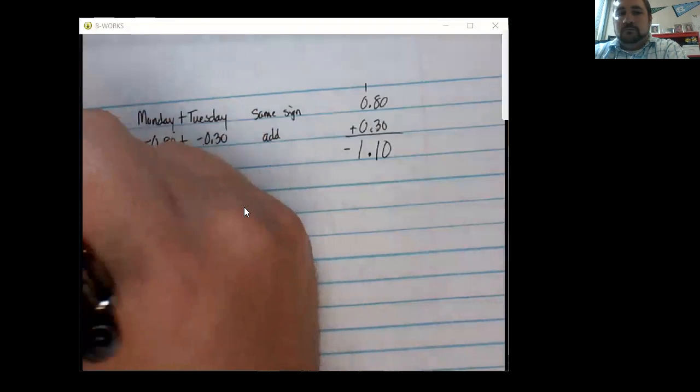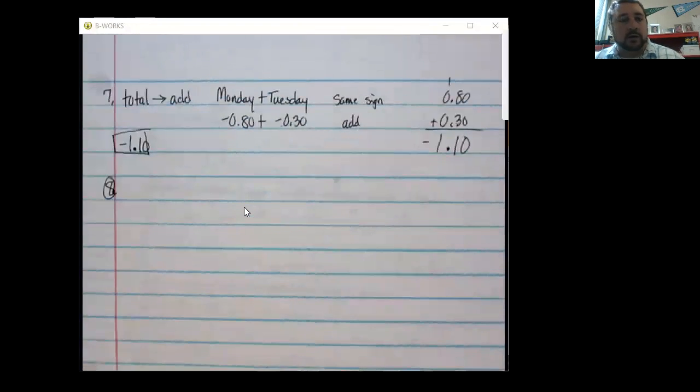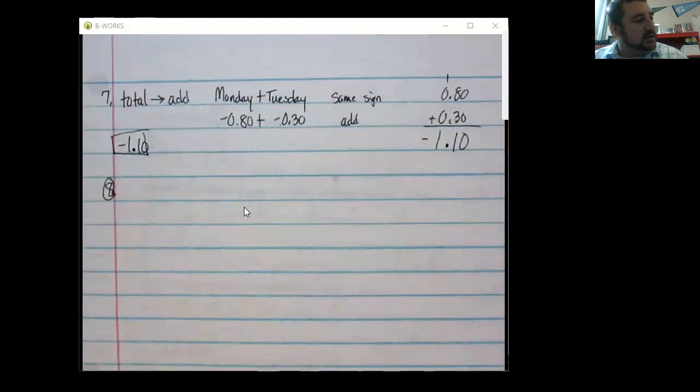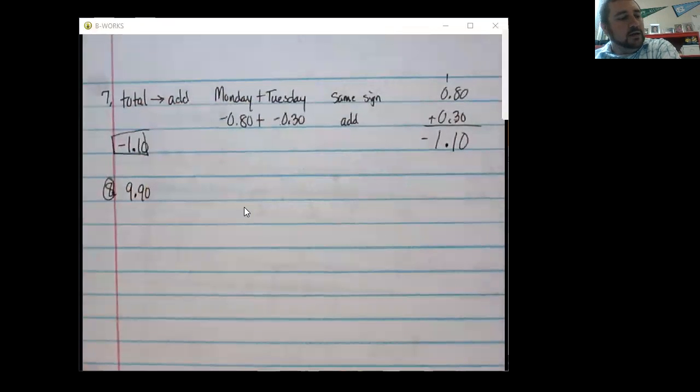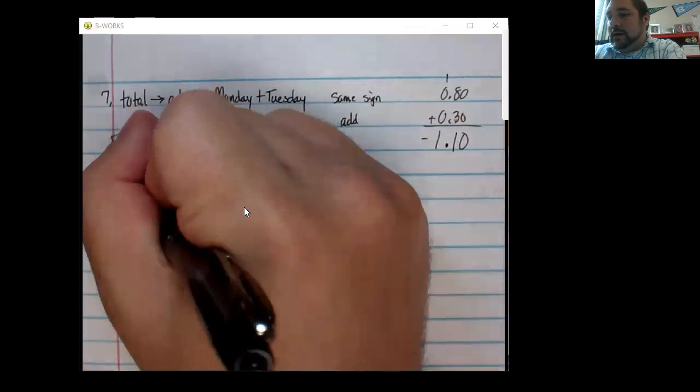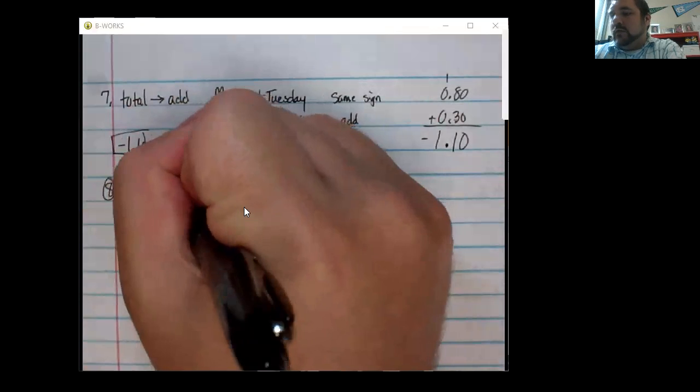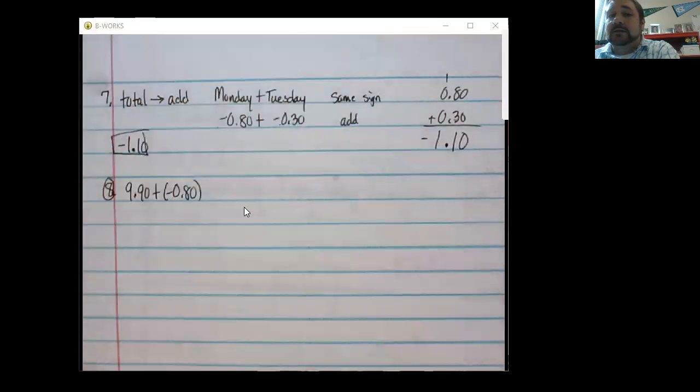All right, number 8. It says the price of the stock at the beginning of the day on Monday was $9.90. What was the price at the end of the day? So it is $9.90 at the beginning, and then it changes by negative 0.80. So they have different signs.